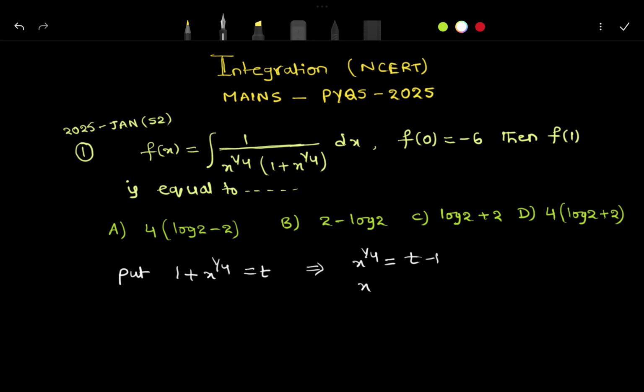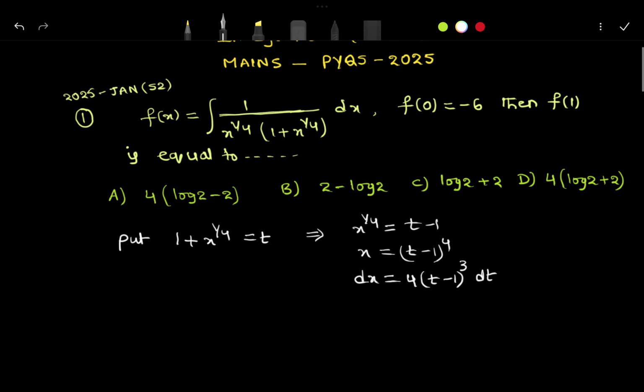Now x is equal to (t minus 1) whole to the power of 4. Now differentiate with respect to x: dx is equal to 4 into (t minus 1) whole to the power of 3 into dt. So this is the dx value.